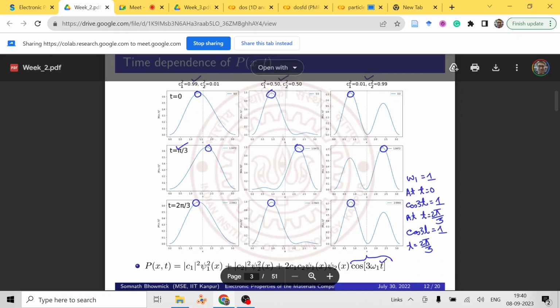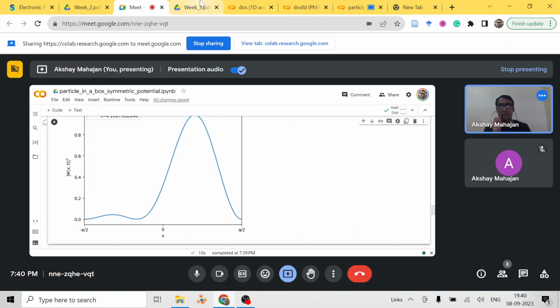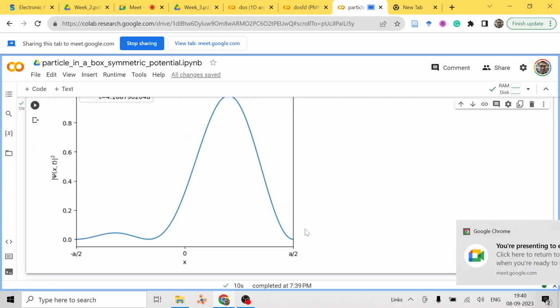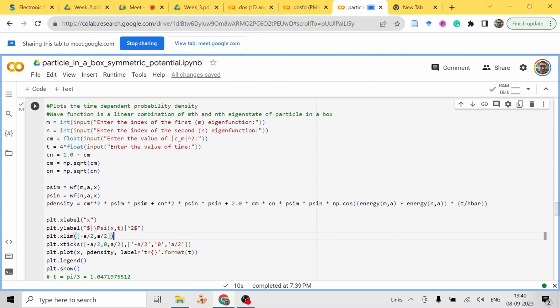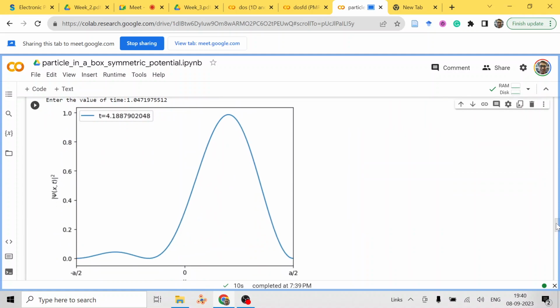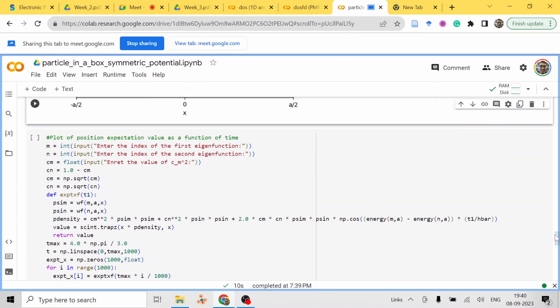You can check why this is the difference by writing this wave function, and if you have any doubt then we check, and you can play with this. Here I'm showing you that there is a little difference compared to what we had in our particle in a box case from 0 to a.